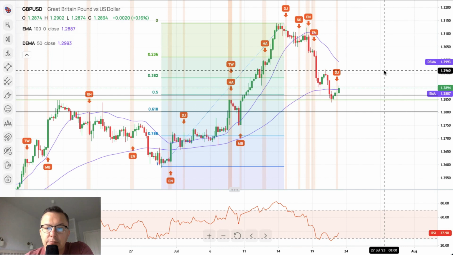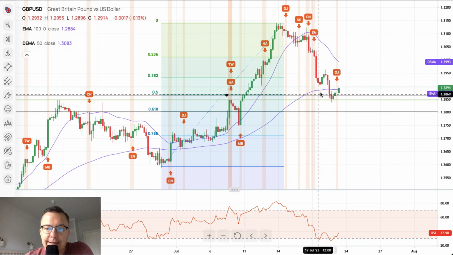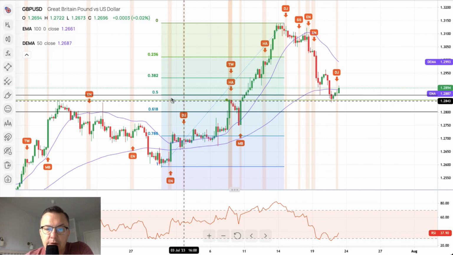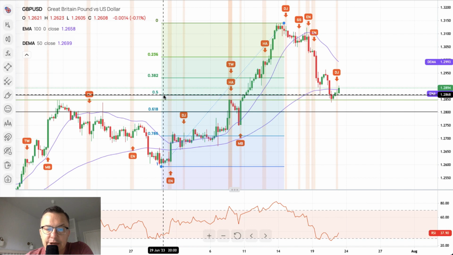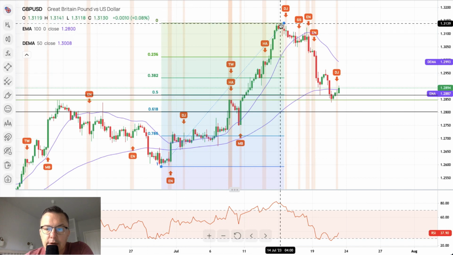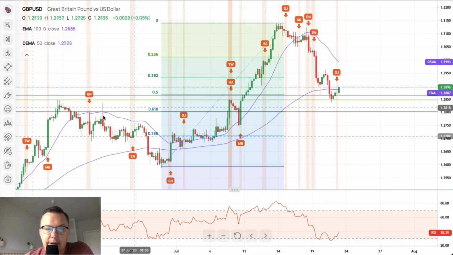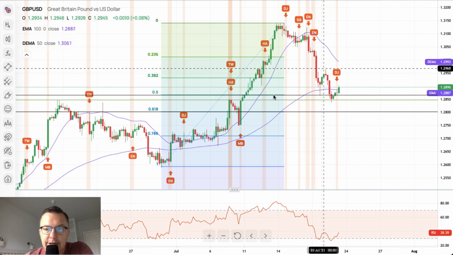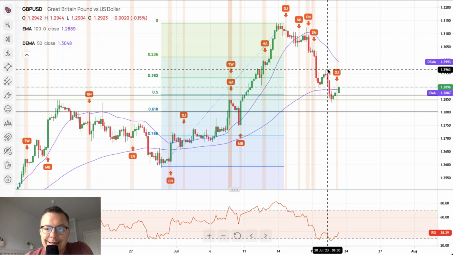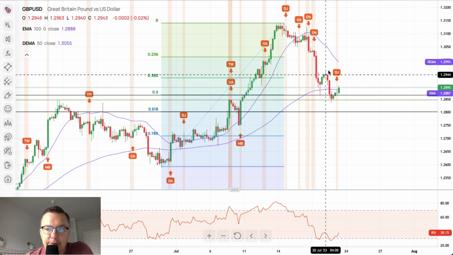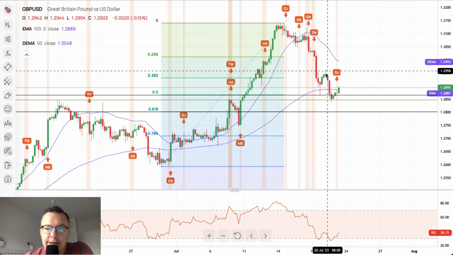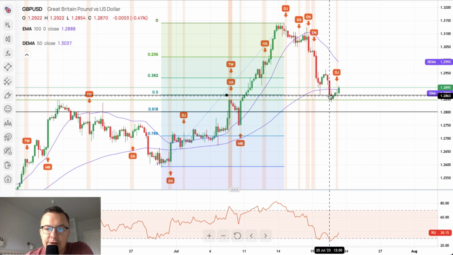On our chart, the British pound is extending the dips below the 50% of the Fibonacci retracement of this whole move to the upside. So we bounced towards the level of 1.2963. Then we had some kind of a pin bar here on the 4-hour chart, and then confirmation and extension to the downside.